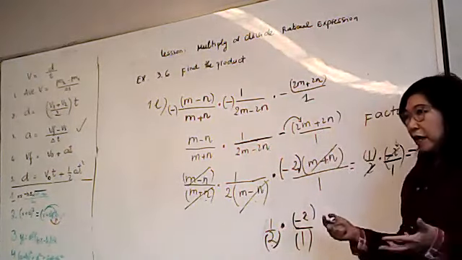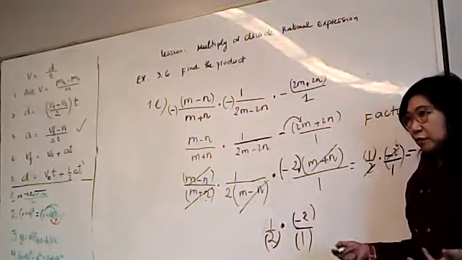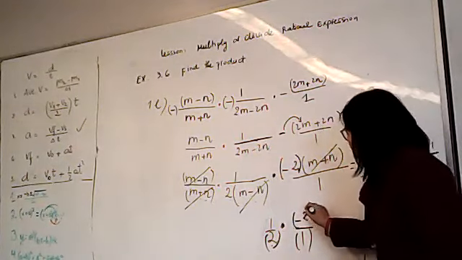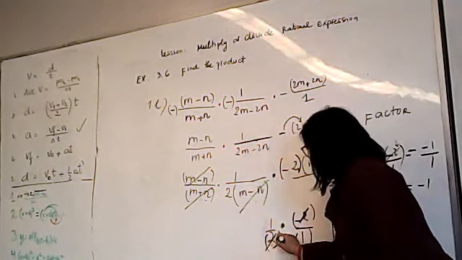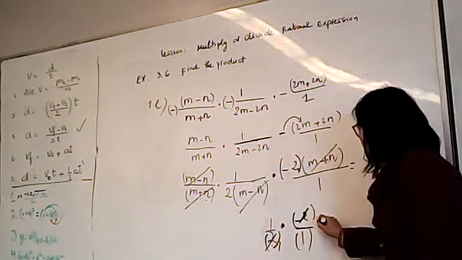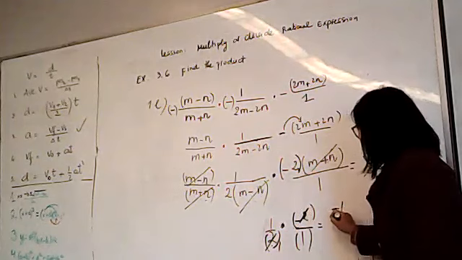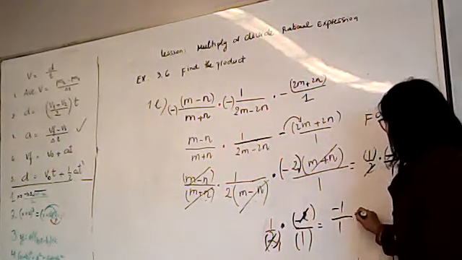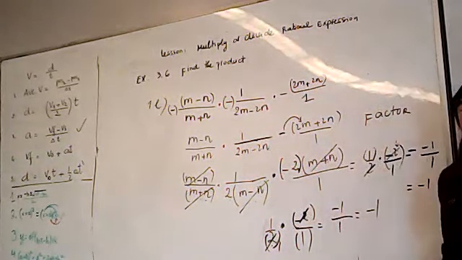Negative divided by positive is negative, isn't it? So the negative is still there. So 2 cancels with 2, this becomes one. So this is minus one on top over one at the bottom, the same as minus one.